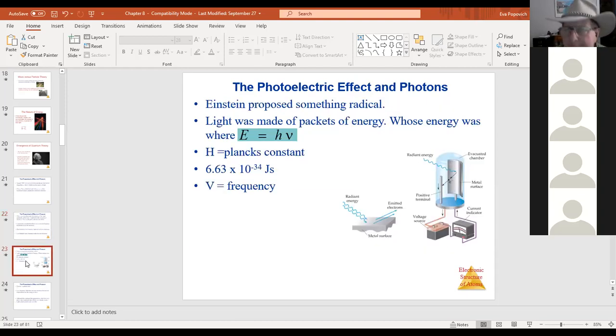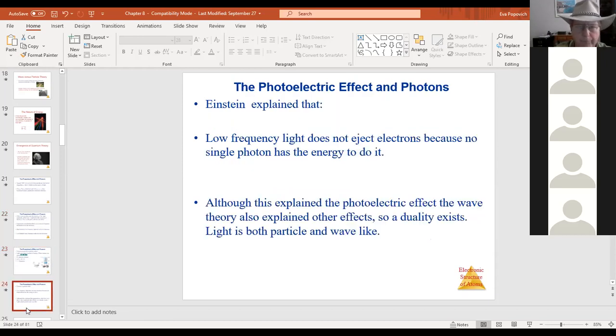Einstein said the light was made of little packets of energy, and the energy equaled Planck's constant times the frequency. Low frequency light doesn't eject the electrons because no single photon has the energy to do it.